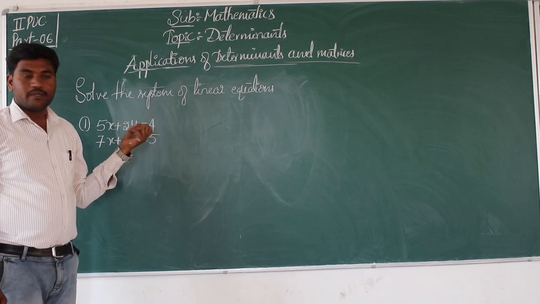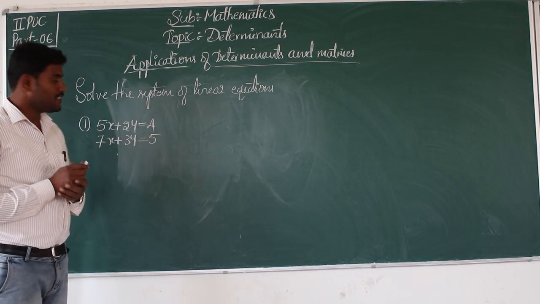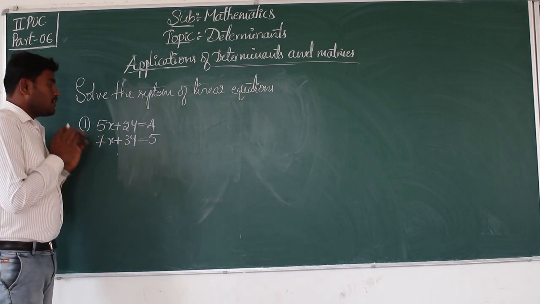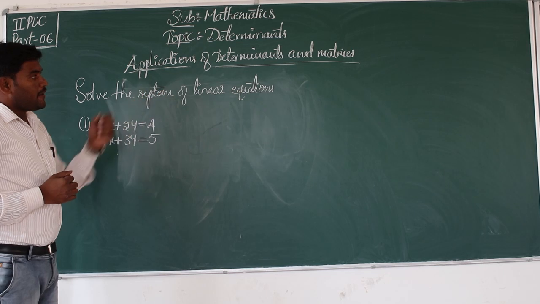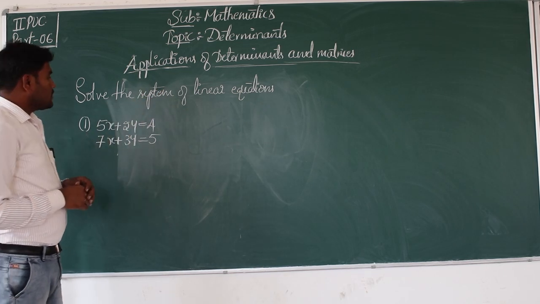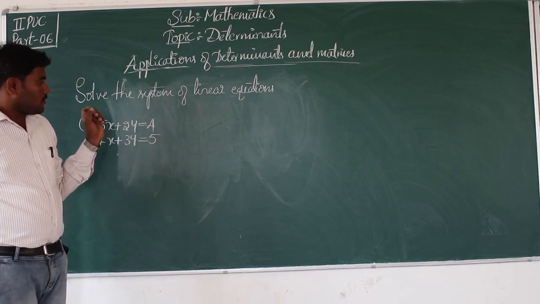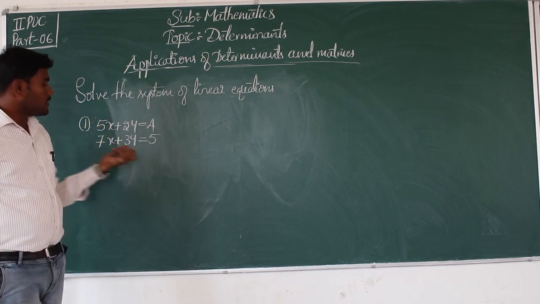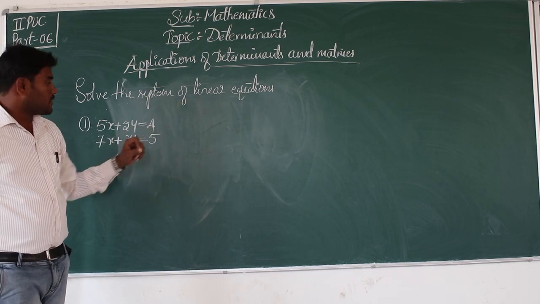As I told in the beginning, a major application of determinants and matrices is to solve a system of linear equations. Linear equations means the power of the variable must be equal to 1, as you know. Now, how to solve these linear equations using determinants and matrices? This method is known as the matrix method.